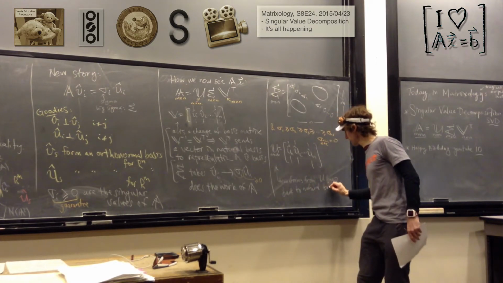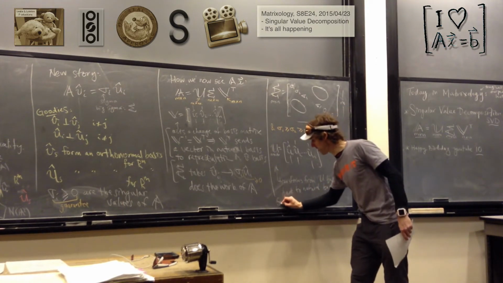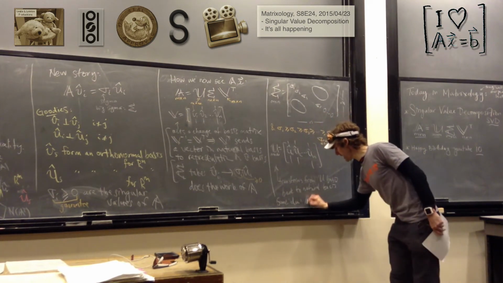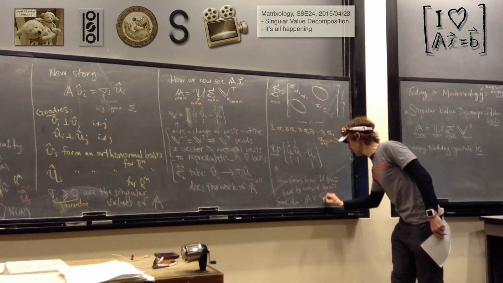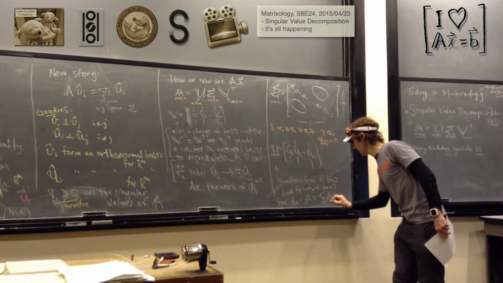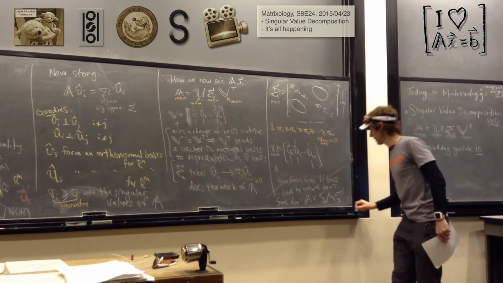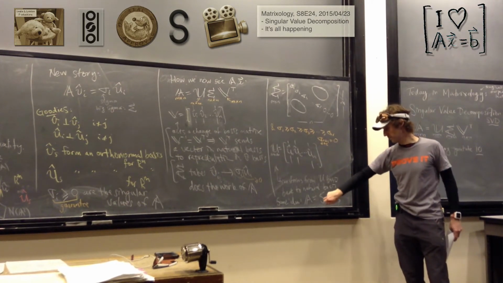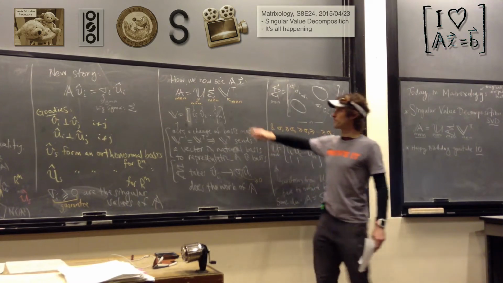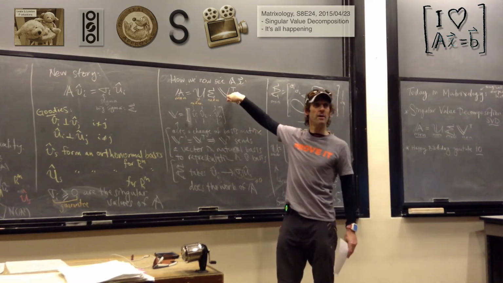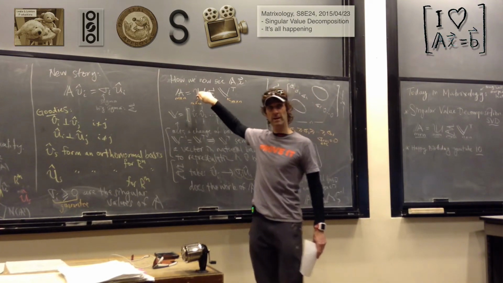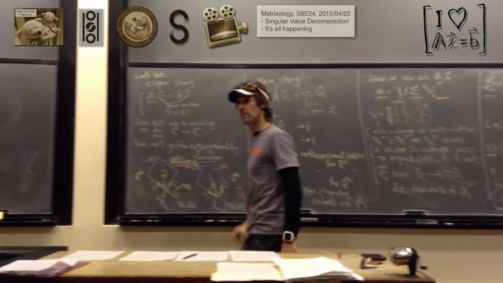So it's the same idea as A equals S lambda S to the minus 1. This takes it into the eigenvector basis. This does the work. This brings it back to the natural basis. This takes you into the V basis. Sigma does the work, takes you back into the natural basis.